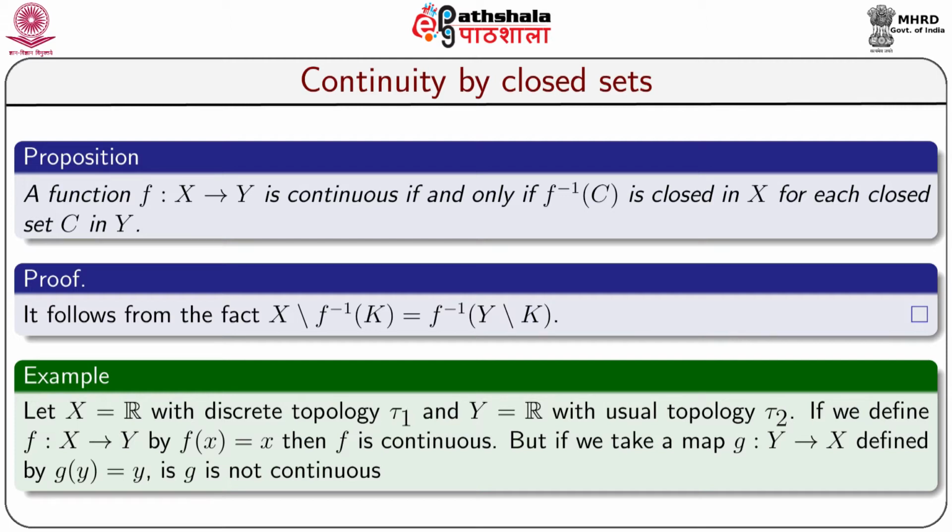But if we go from the usual topology to the discrete topology, then that function is not continuous, because it can't pull back open sets to open sets. For example, in the discrete topology singleton sets are open, but a singleton set in the usual topology is not open.